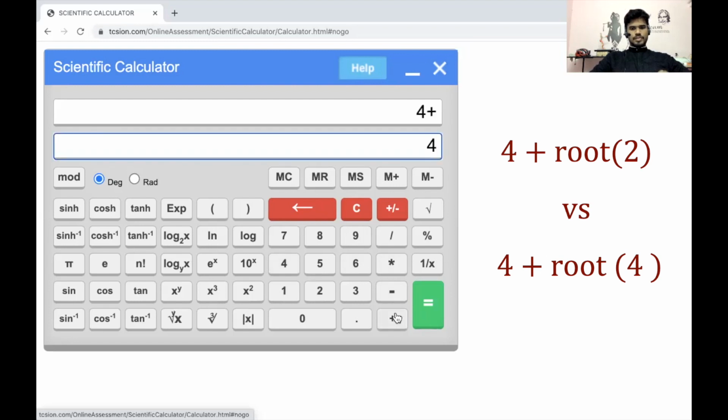Okay, 4 plus root 4 is this. Can you all do 4 plus root 2? Root is over here, first thing. So the moment it says 4 plus root, actually it is not allowing to type 4. Okay, let's all do 4 plus root 2 to highlight one issue here.